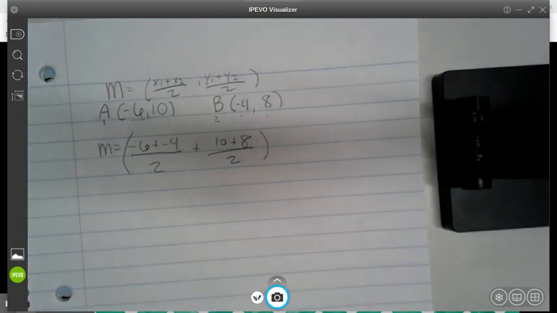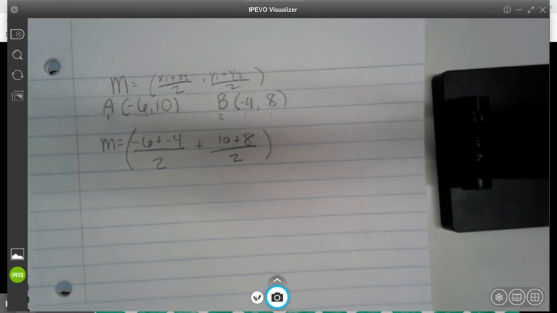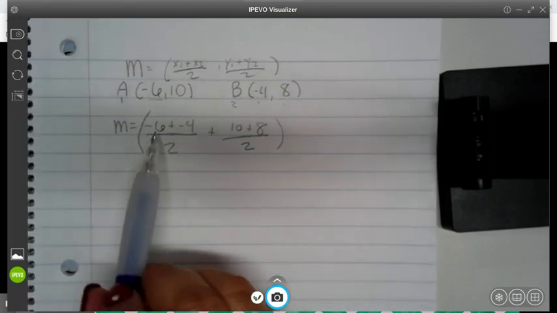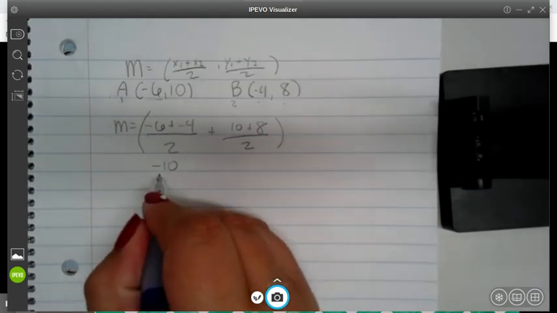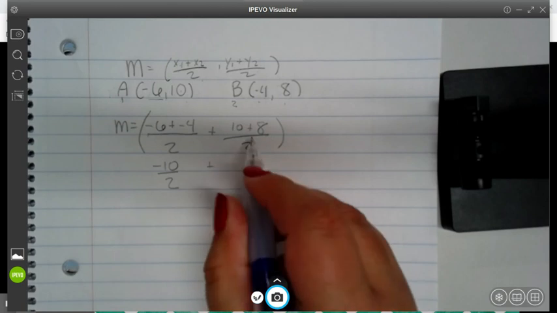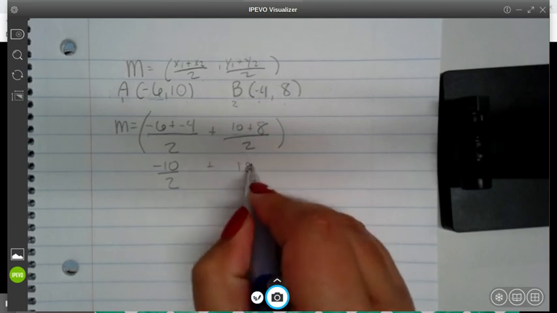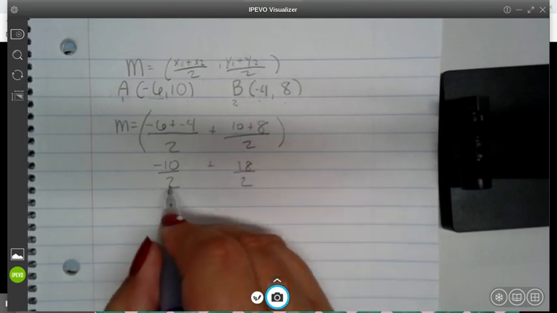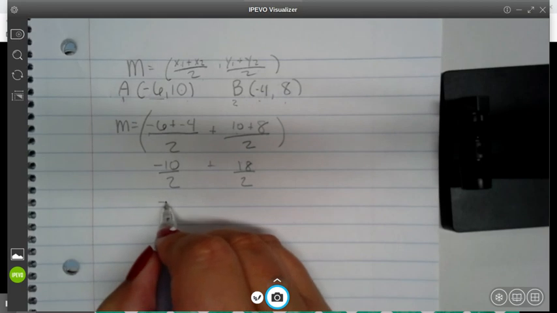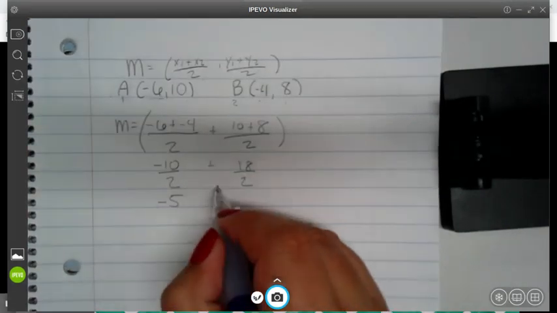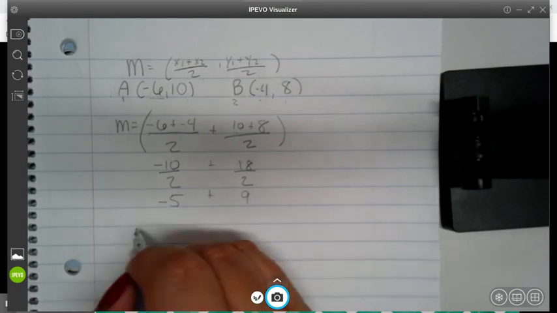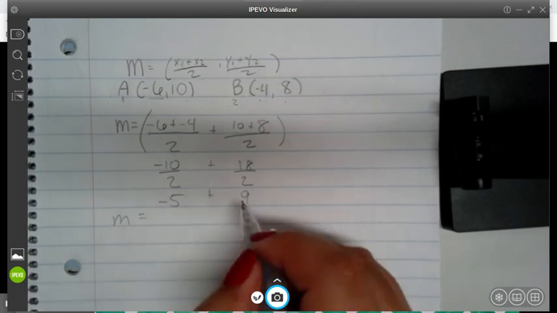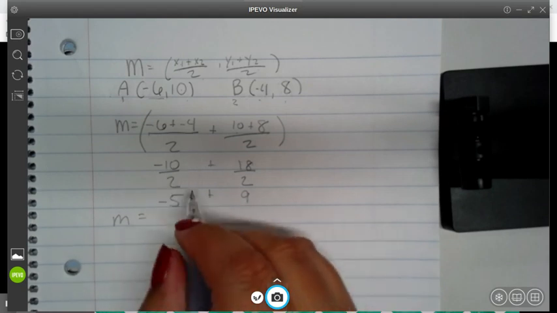So, we've got a bunch of numbers, and now we just need to solve through. We can say that -6 plus -4 is -10, divided by 2 is -5. 10 plus 8 is 18, divided by 2 is 9. So M equals -5, 9.